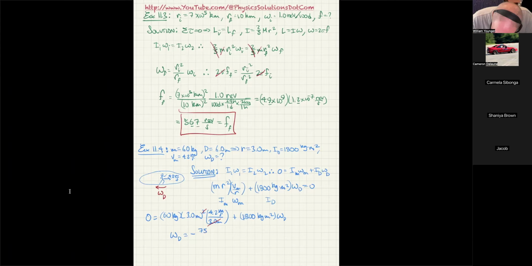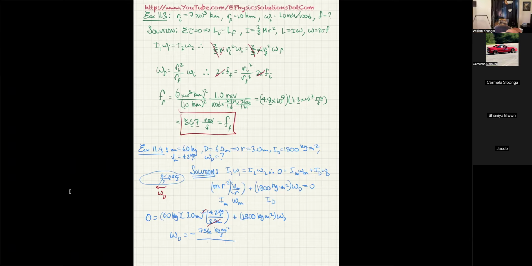756, and that's kilograms meters squared per second. That's the angular momentum as a result of the human running.